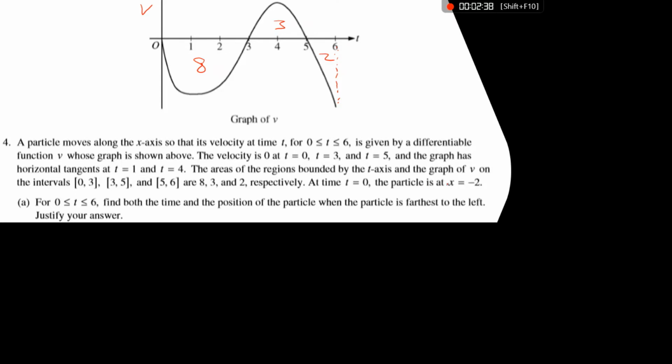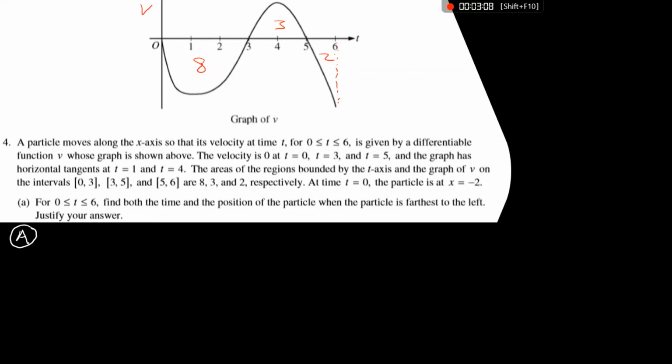At t equals 0, the particle is at x equals negative 2. Okay, for my interval from 0 to 6, I want to find both the time and the position of the particle when the particle is furthest to the left, and then justify your answer. What do I have to do? So farthest to the left means, I mean, speeding up in the negative direction.